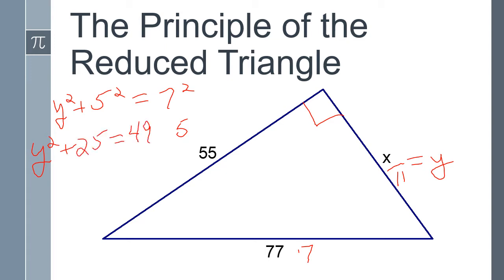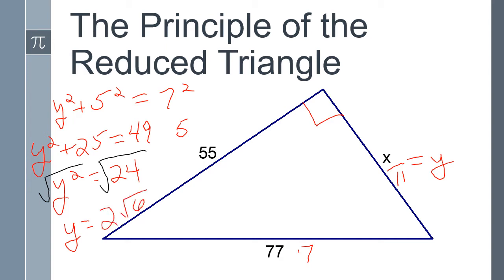Subtract 25 from each side. y squared equals 24. We are going to take the square root of each side, and we end up with y equal to the square root of 4 times the square root of 6, or 2 square root of 6.